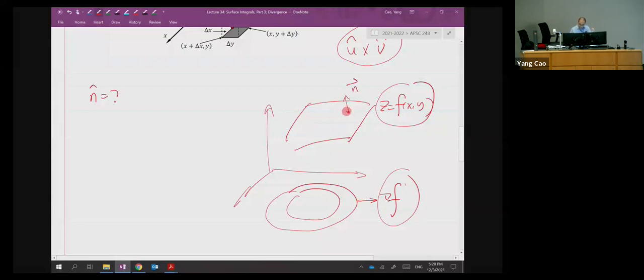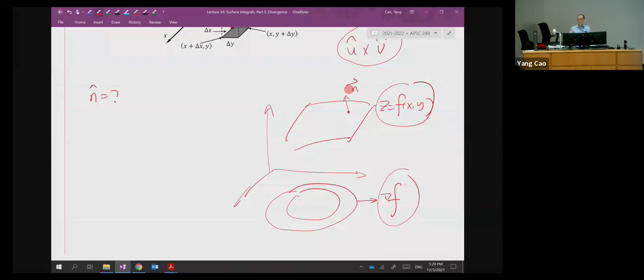So what would you do to get a vector that's perpendicular to the surface? It's still a gradient, but this time it's a different gradient. You need to calculate a gradient, but which gradient?